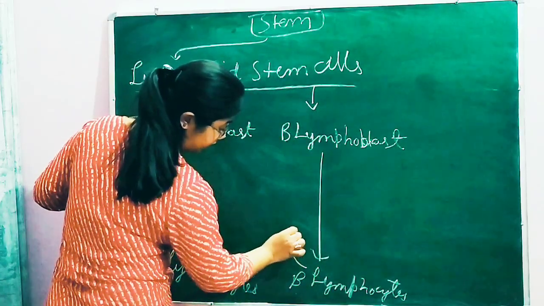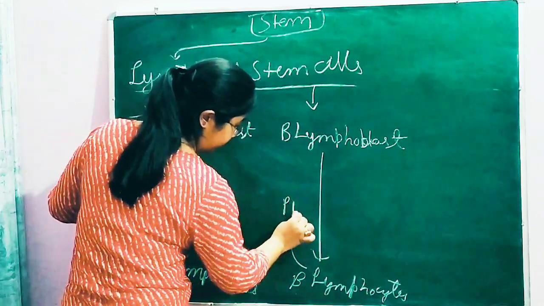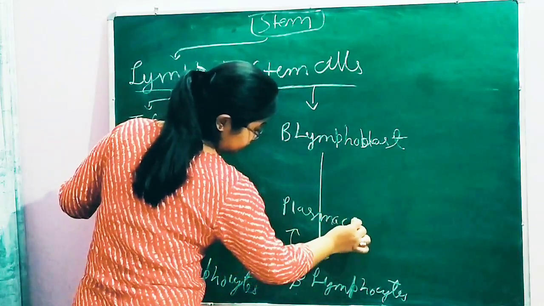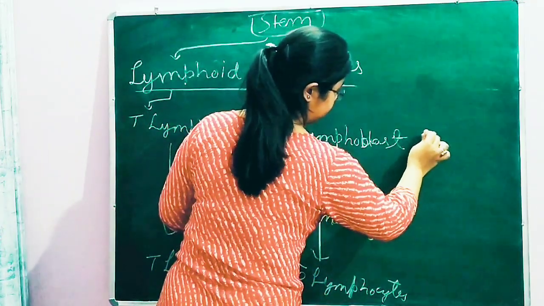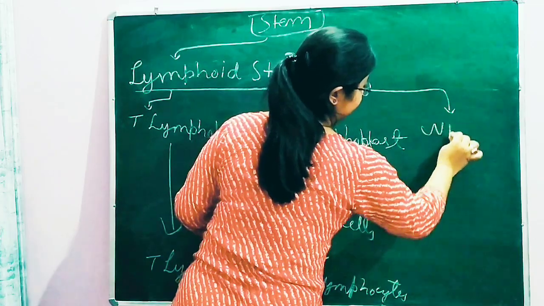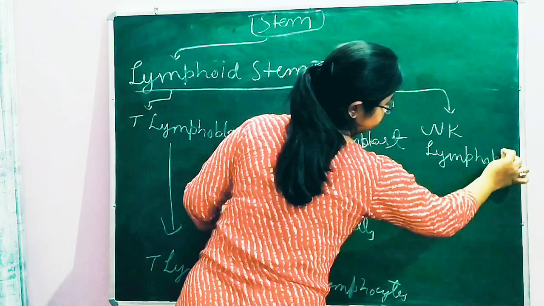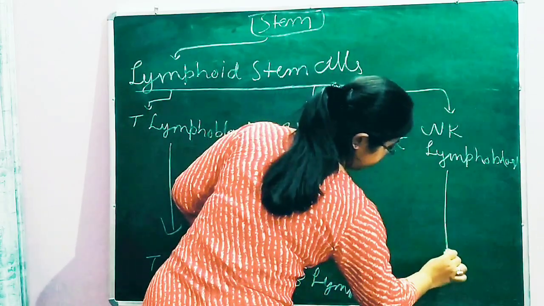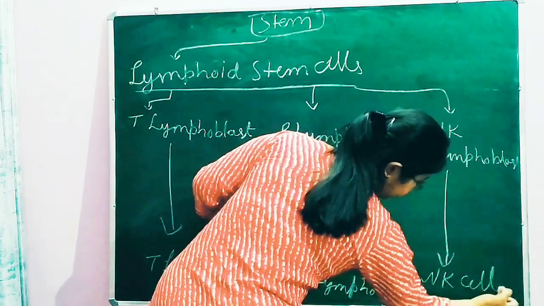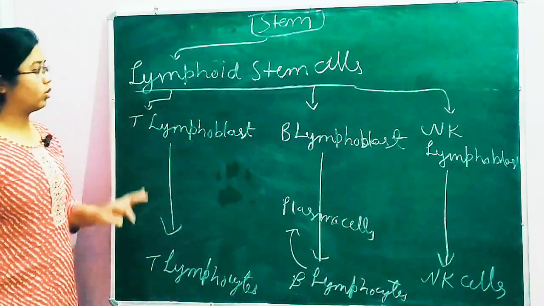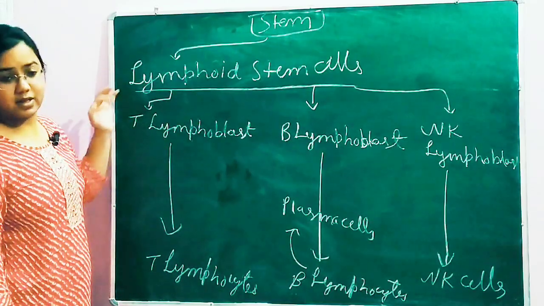When they go out of the blood vessels, plasma cells are formed from the B lymphocytes. Next is the NK lymphoblast, which forms natural killer cells. So these are the cells formed by the lymphoid stem cell series.